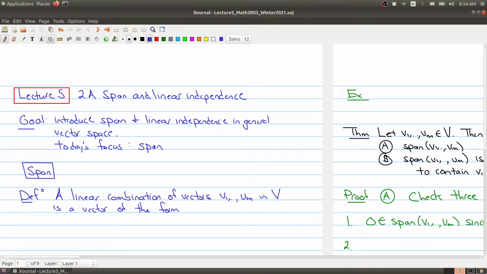So first, let's talk about the span. In order to talk about the span, we have to talk about a linear combination of vectors. Again, this is something you may remember from Math 1B03.